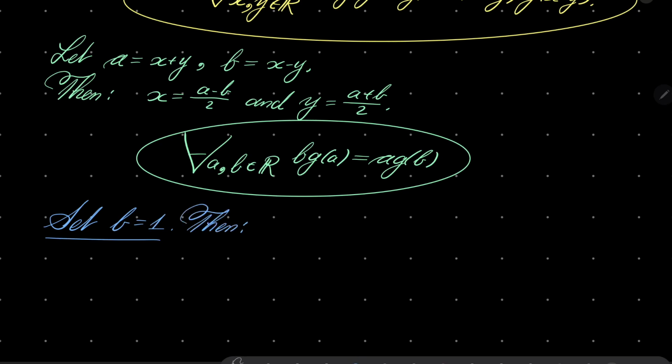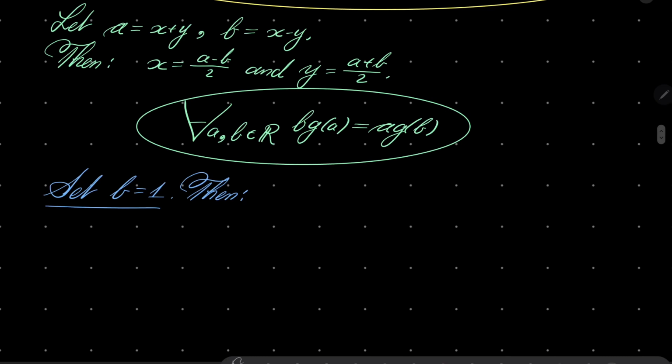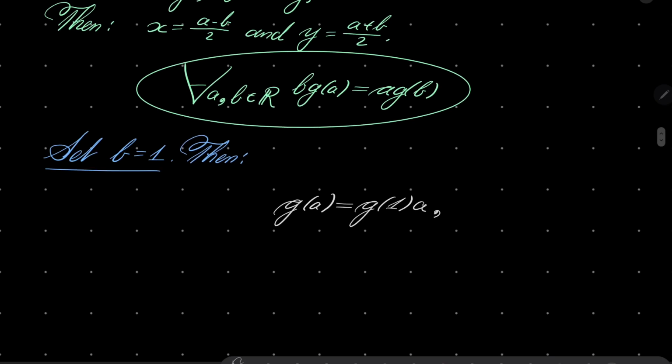Then we have g of a equals g of 1 times a, which means that g is linear.